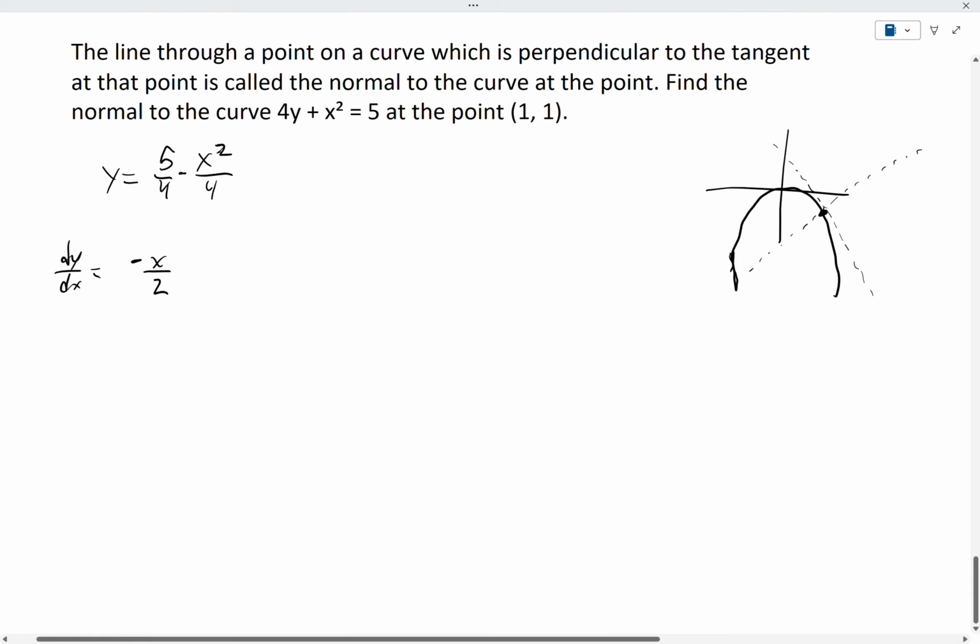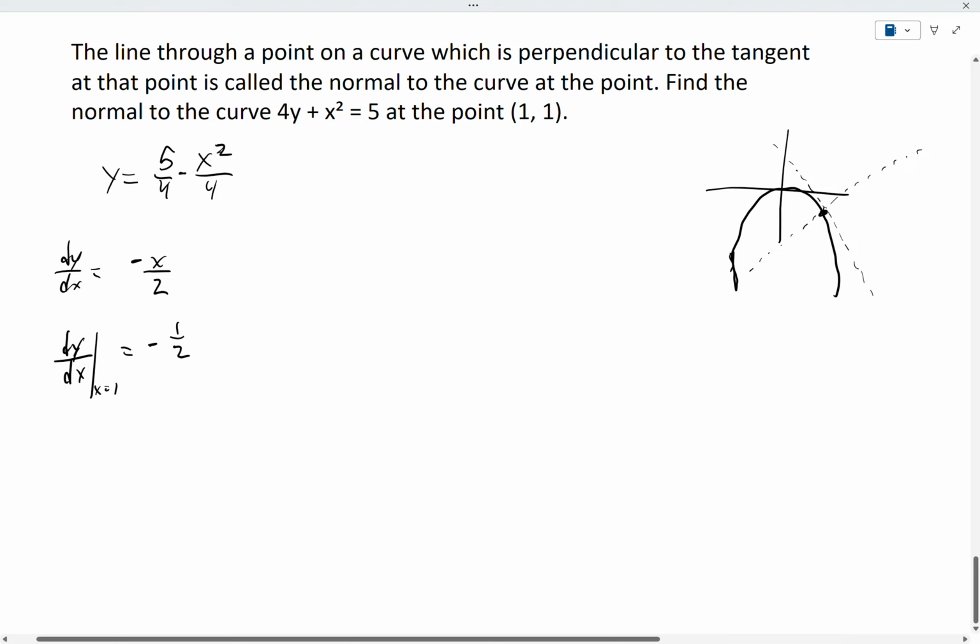That's my derivative. Now the question is, what is my derivative at x = 1? I'll just plug in x = 1. dy/dx at x = 1 is going to be -1/2. So that's the slope of the tangent at x = 1. Now, what is the slope of the normal at x = 1?